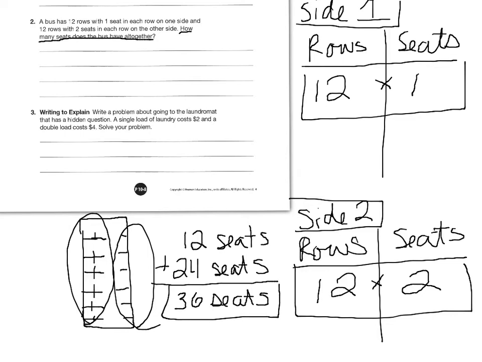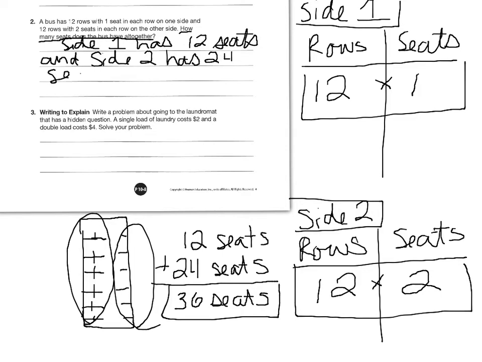But we don't just write 36 seats, remember? We have to answer those hidden questions too. So side 1 has 12 seats, and side 2 has 24 seats, period.